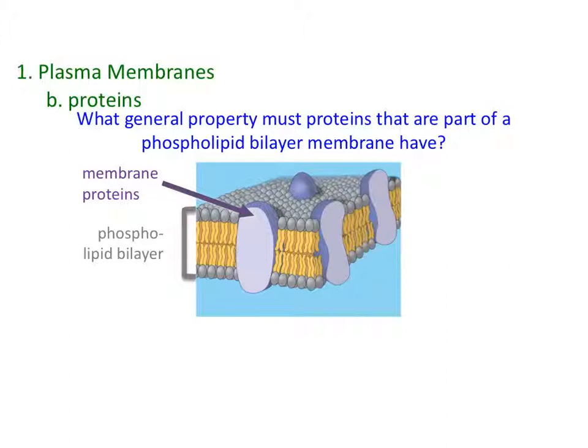So what's a general property that you would expect to see in a protein that is associated with the phospholipid bilayer? Based on what you know about phospholipid bilayers as amphipathic molecules, to integrate into the plasma membrane, a protein must have both a hydrophobic and a hydrophilic region.